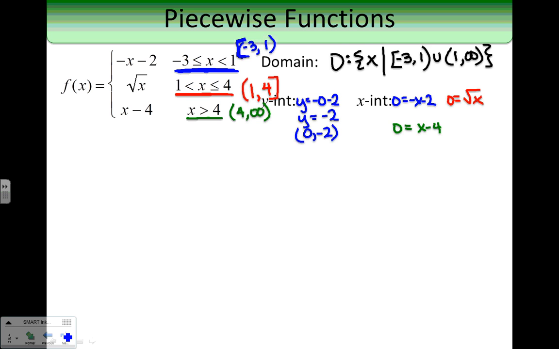So we get x equals -2 for this one, x equals 0 for this one, and x equals 4 for this one. So our 3 intercepts are going to be (-2, 0), (0, 0), and (4, 0).